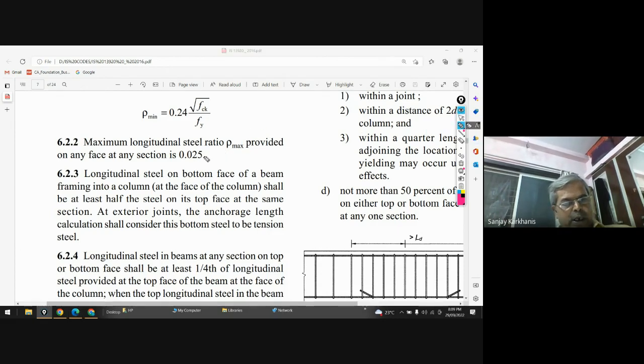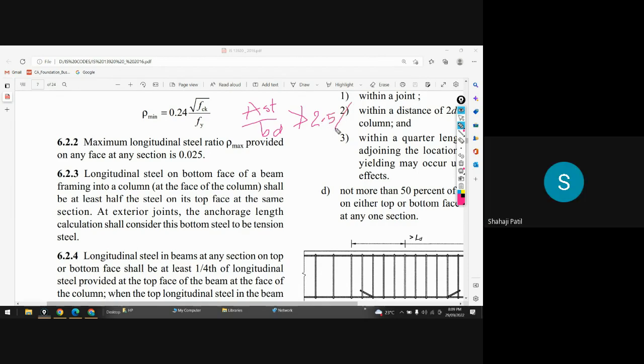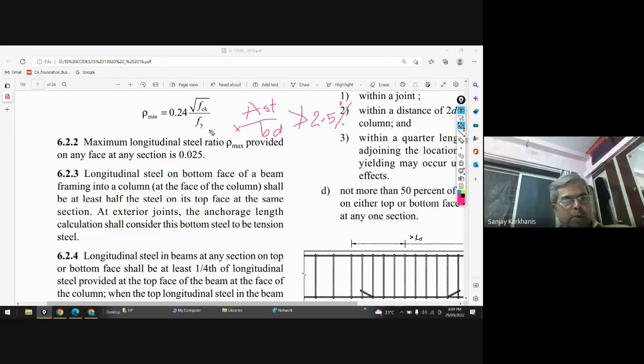See, code says that this Ast by bd shall not exceed 2.5%, multiplied by 100.